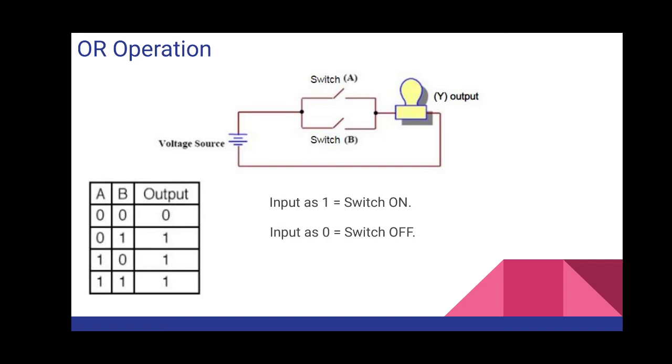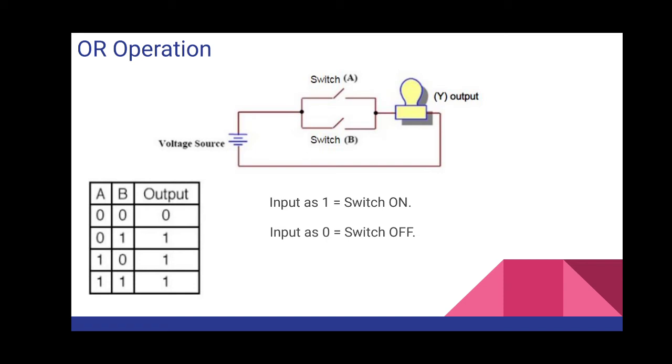It will go to A as well as it will go to B. Now it will observe that A is off, means there is no provision for the current to move forward. Agree till this point? So now when it will reach switch B, it will see that switch B is on. So it has the path to complete. So it will flow through switch B and it will reach to the bulb, and the bulb will glow and it will complete the circuit. So in the second condition, we can see the bulb will be glowing.